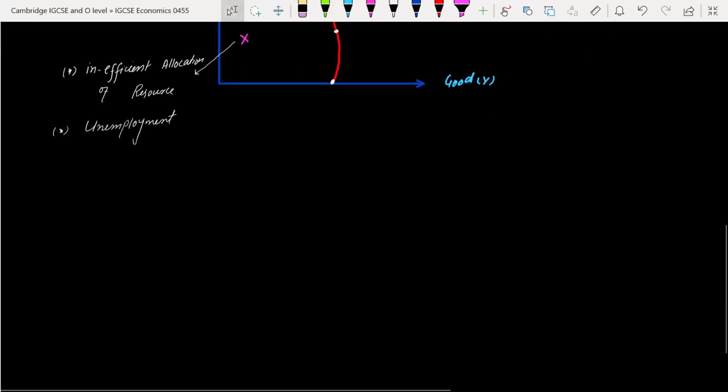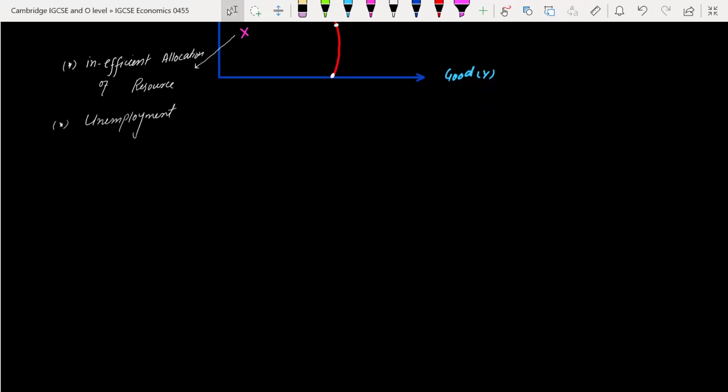Next, we are going to discuss some key features of the production possibility curve. First of all, the first point will be about scarcity.